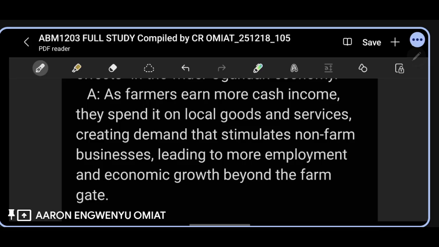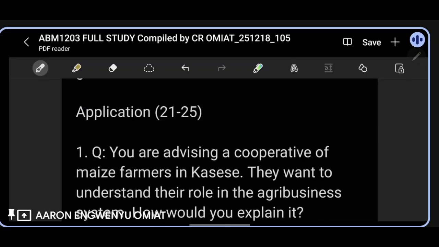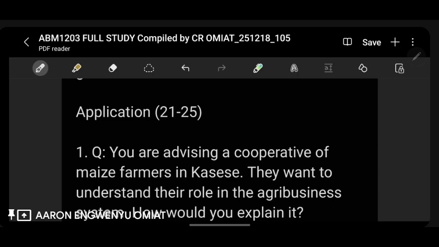Moving forward, that's your question. You're advising a cooperative of maize farmers in Kasese. They want to understand their role in the agribusiness system. How would you explain it? You advise, what's the role of farmers in the agribusiness system?